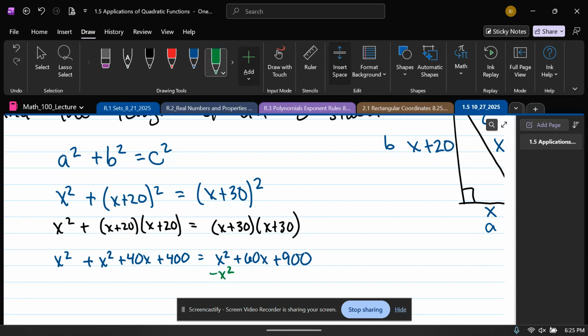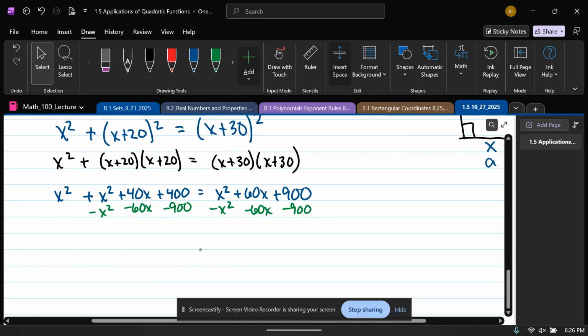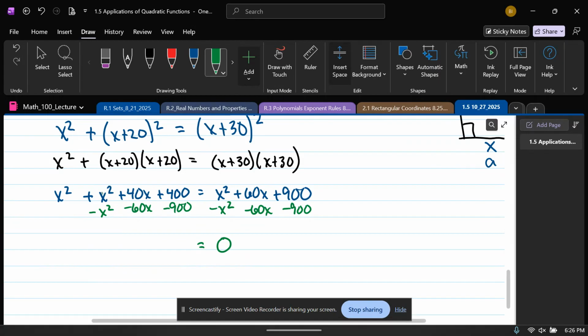Minus x squared. I'm going to subtract the 60x, and I'm going to subtract 900. That's going to give me a 0 over there because I moved all of that. So this x squared cancels out that x squared, and I've got x squared minus 20x minus 500.